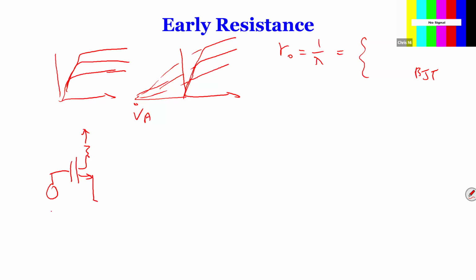For the DC operation, we had an equivalent circuit. Then for the AC operation, we're simply going to add RO. We can go through the process to derive it.